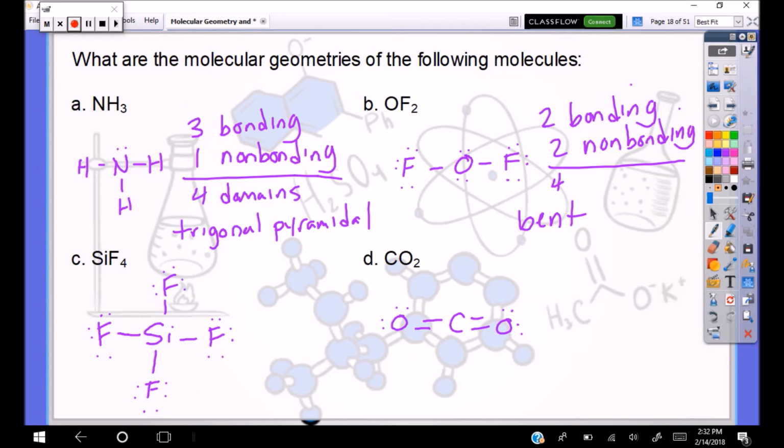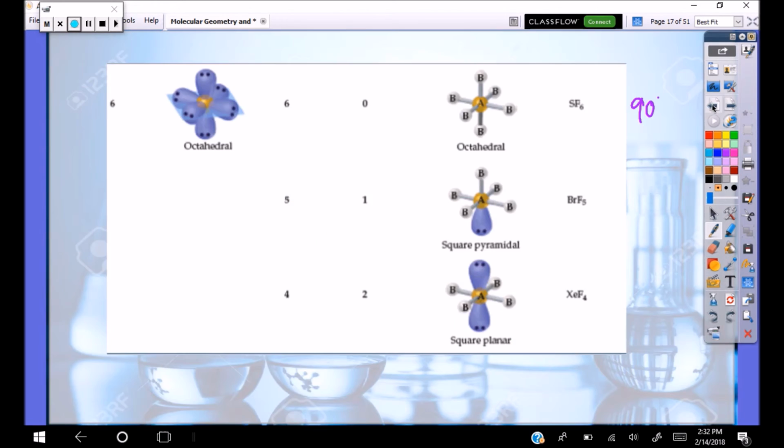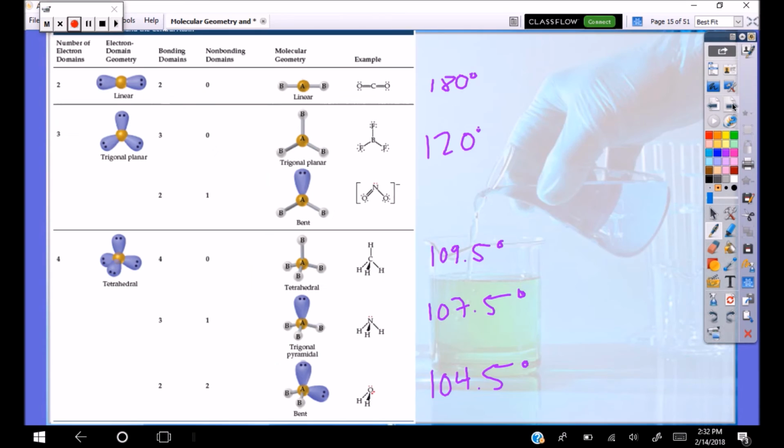So when we're talking about electron domains and we're talking about lone pairs, I briefly mentioned it before, but lone pairs, because you've got 2 electrons that are already repelling each other within that region, take up more space and repel a little bit more than, say, a bonding group would. So when we go back to tetrahedral, we see as we add lone pairs, that angle gets a little bit smaller with each lone pair that we add.